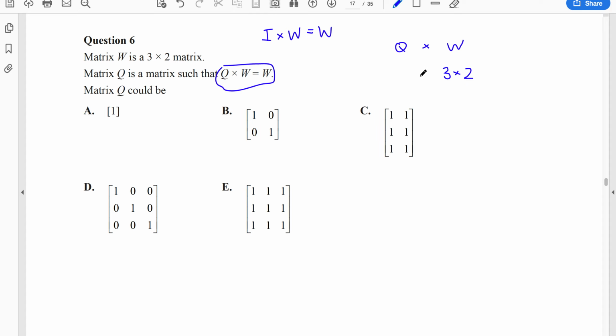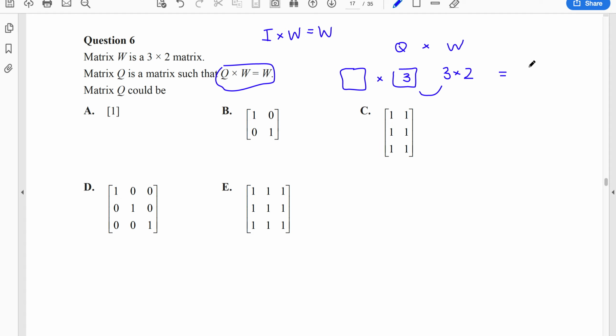That's going to tell us how big Q needs to be, because you'll see that with the answers here, we've got lots of different sizes. So if we have a look here, I basically want to know how many rows and how many columns need to be in this. So for Q to multiply by W, I need these two to be the same, so that needs to be a 3.